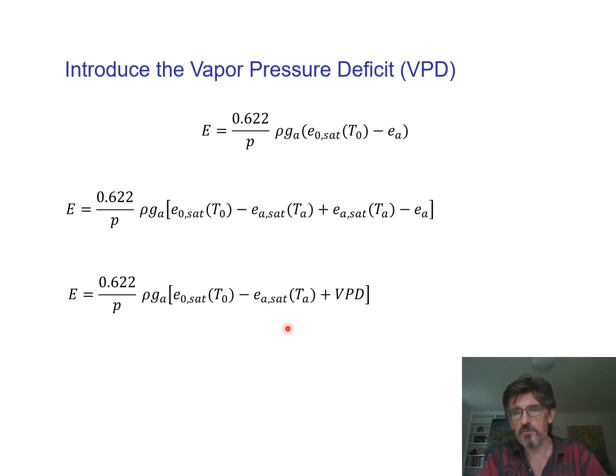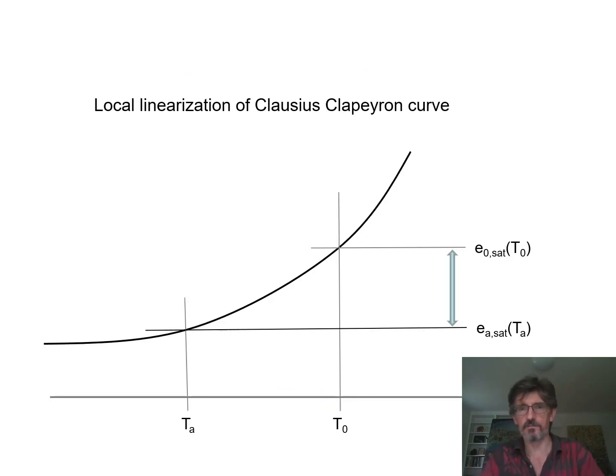On this side here, we have the difference of two saturated vapor pressures. So we're basically taking the difference of two points located on the Clausius-Clapeyron curve. And that's what Penman originally did: if T_a of the atmosphere above the surface and T_0 just at the surface are not too far away, we can actually linearize this equation.